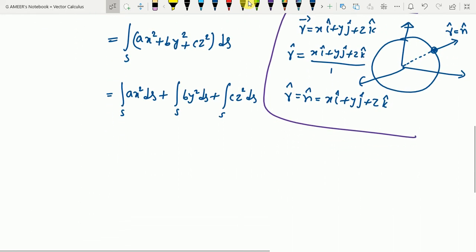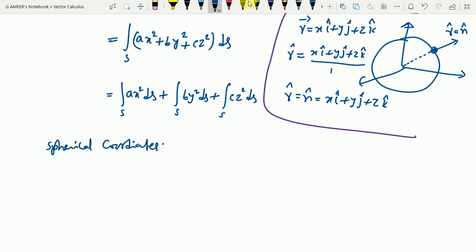What we need to do here is change the variables, that is, we need to use spherical coordinates. The spherical coordinates will be x is equal to r sine theta cos phi, y is equal to r sine theta sine phi, z is equal to r cos theta.